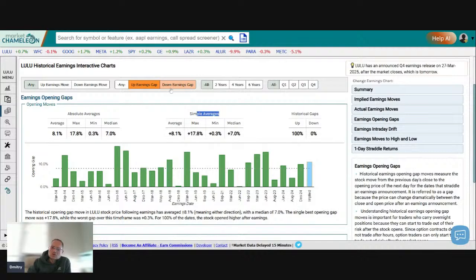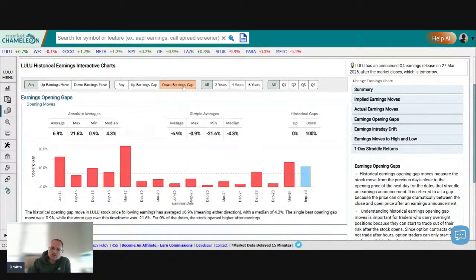So if we compared up moves versus down moves, you can see that the down moves average down 6.9% versus up moves. So this shows us that just looking at the up moves alone, those moves tended to be larger than the average down moves.